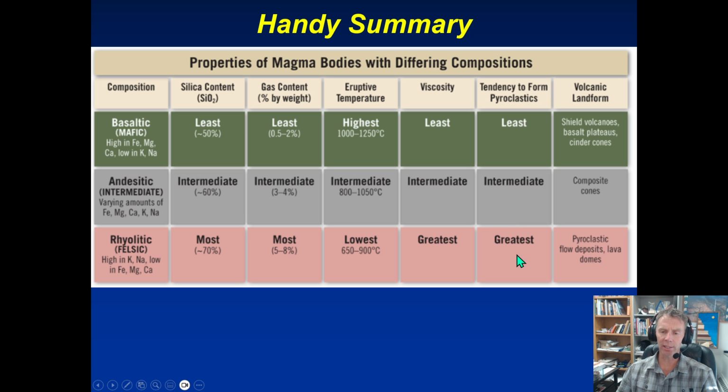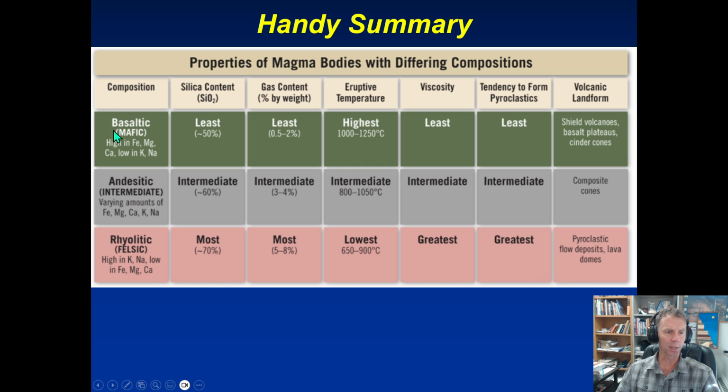And in contrast, a rhyolitic or felsic magma, because it's trapping so much of the gas, because the viscosity is so high and it's sticky and pasty and sluggish, that's going to mean that those gases build, the pressure builds, and then finally when we do have an eruption, it's going to be highly explosive. And so if you can make heads or tails of this and kind of work your way through it, this really does explain a lot about volcanic behavior as it relates to different magma bodies.